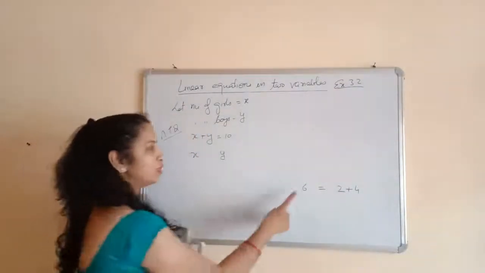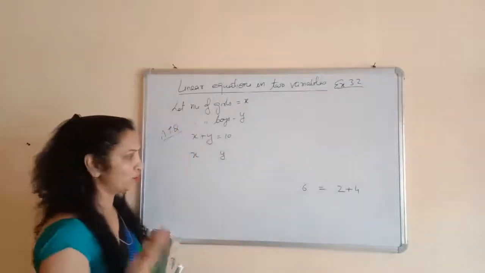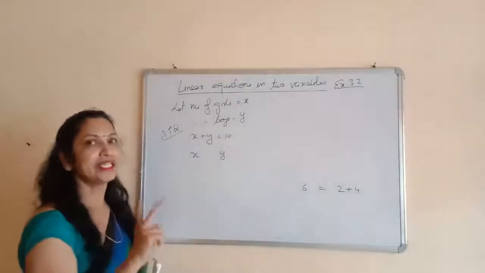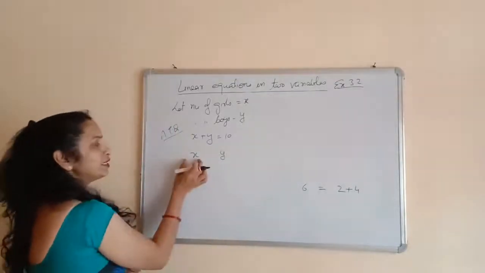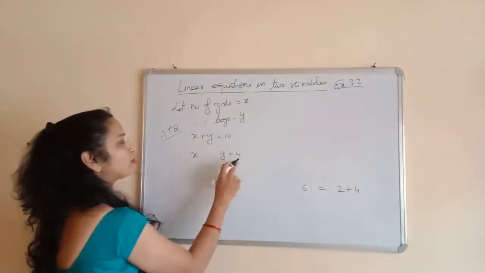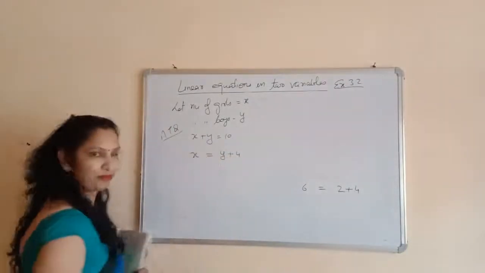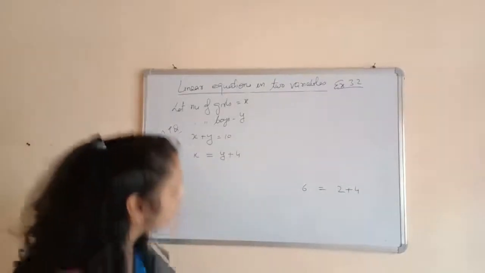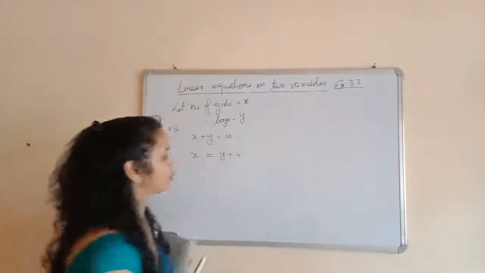So these are the girls, which is actually 4 more than the boys. Now x is equal to y plus 4. This is the second equation.